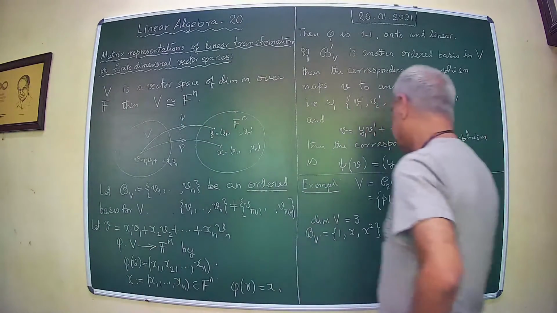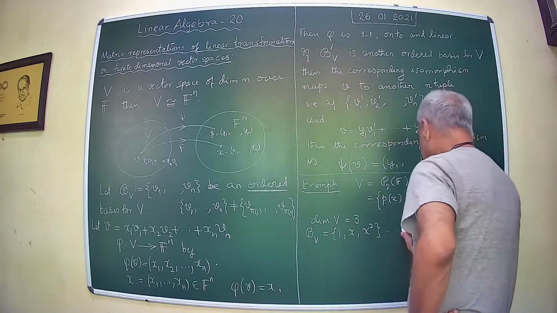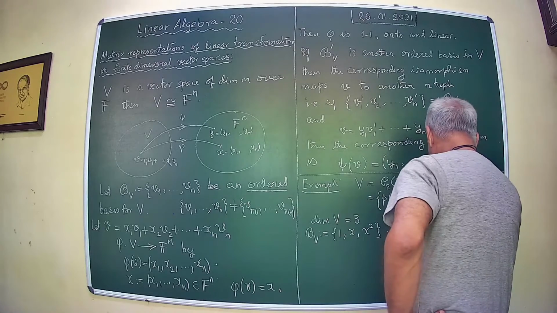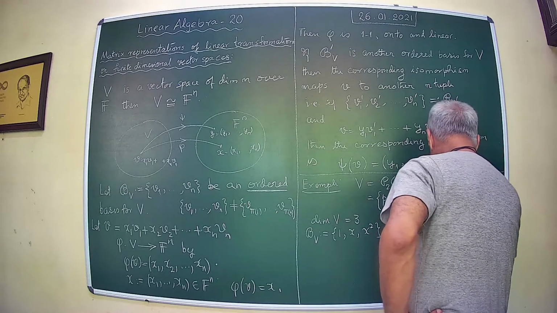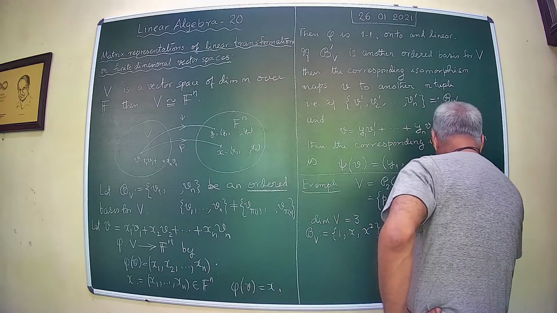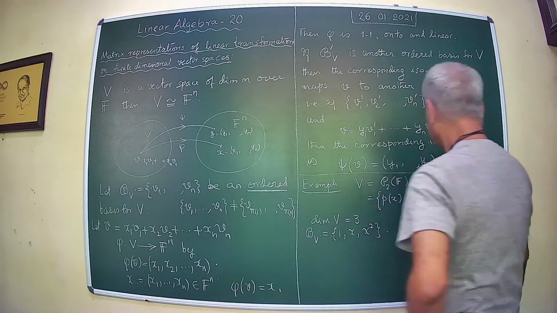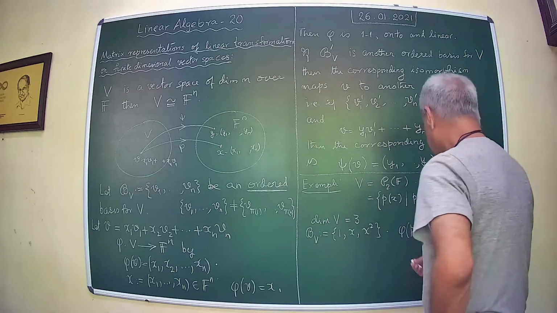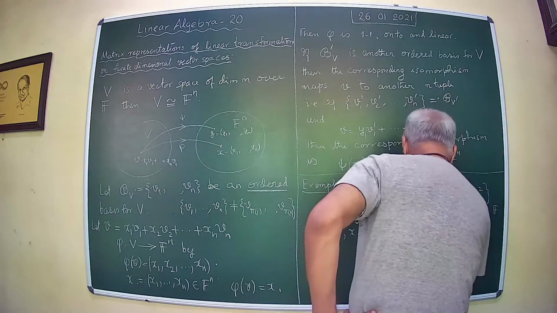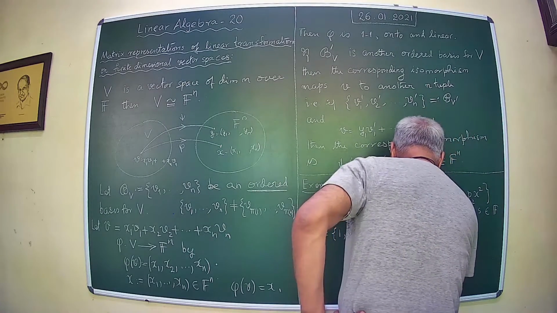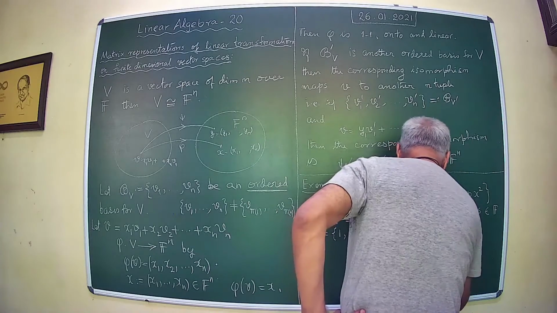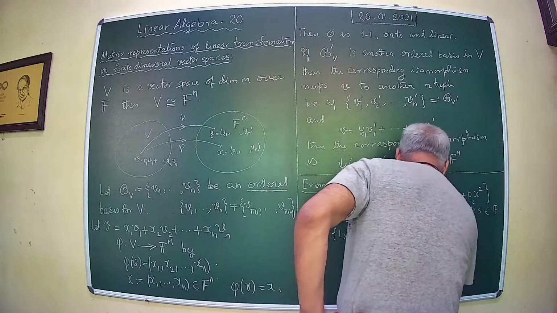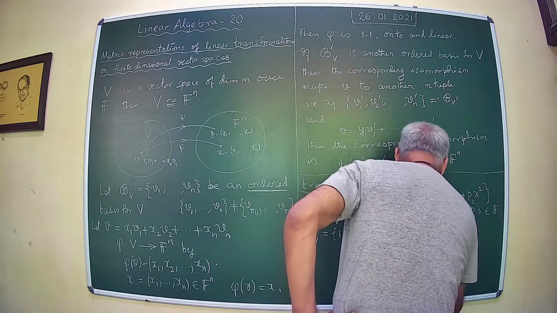Having chosen this, one quickly observes that phi of P is given by the following, because you observe that phi of 1 equals E1, phi of x equals E2, and so on.